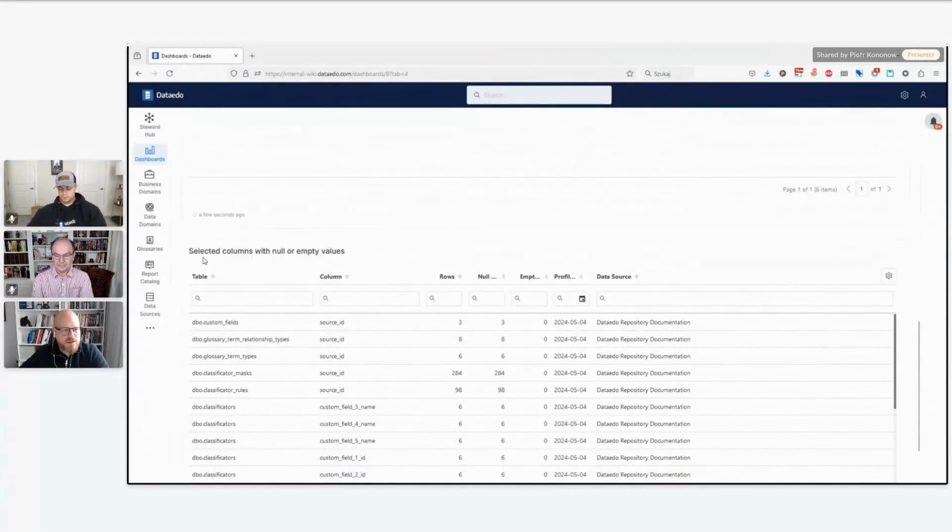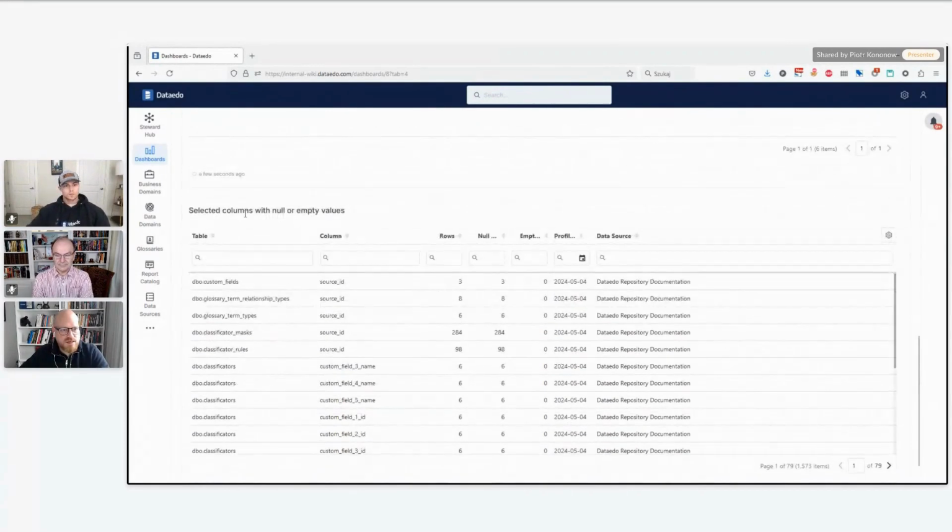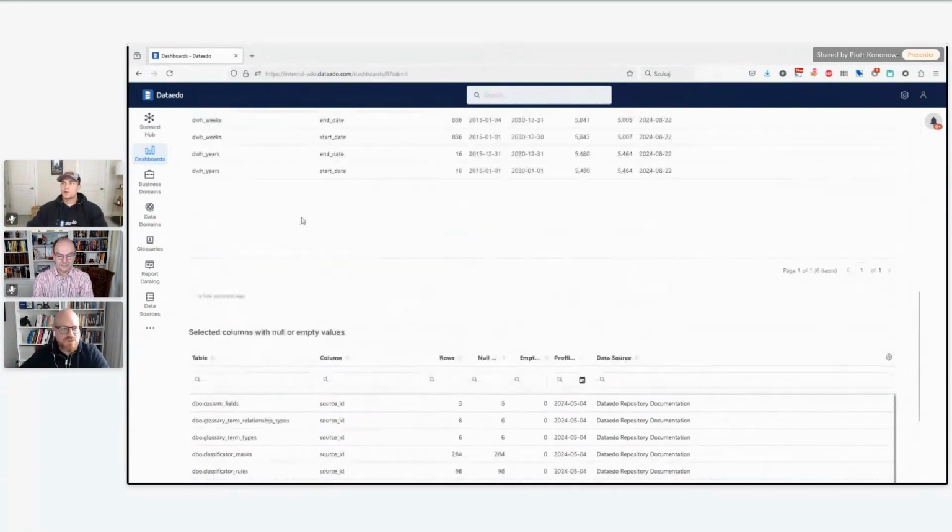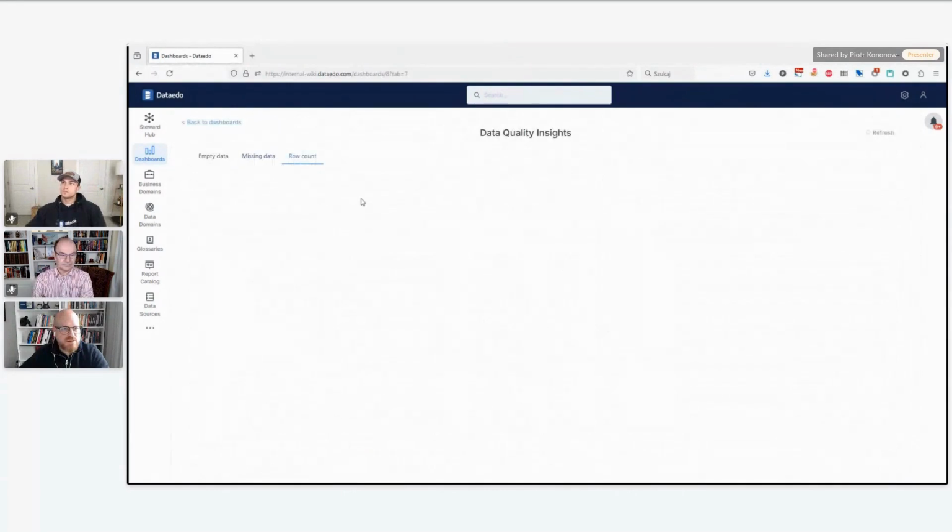And here are some selected columns that have empty or null values, but they probably shouldn't, such things as IDs and similar. And the last one is empty, but it will present the tables that have a suspicious amount of growth of rows, or the ones that lost some rows. So things you could have a look at.